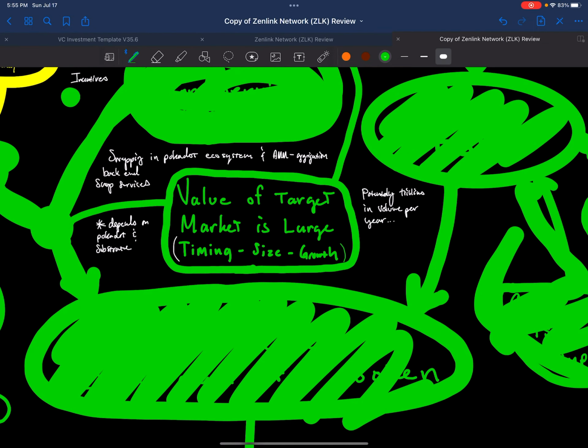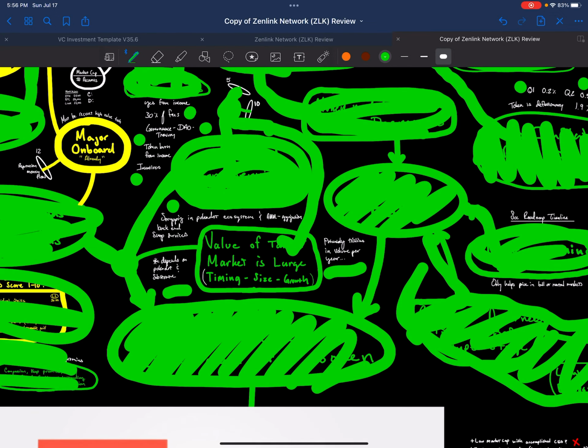The value of the target market: swapping on Polkadot ecosystem, automatic market maker aggregation, backend services. It depends on Polkadot and Substrate success. I think it's potentially in the trillions. You could potentially see trillions of dollars moving across Polkadot. So this project is dependent on Polkadot's success as well. That makes it a little more risky, in addition to the anonymous team.